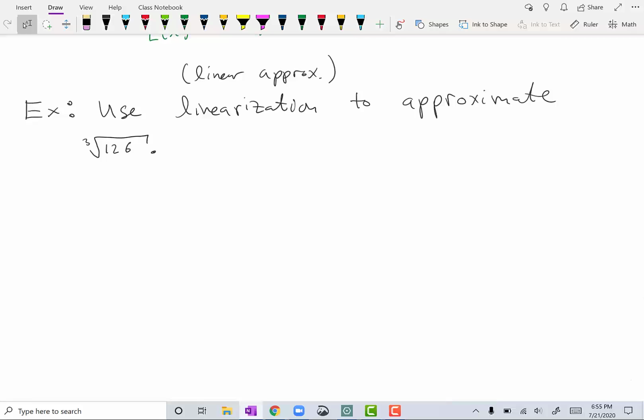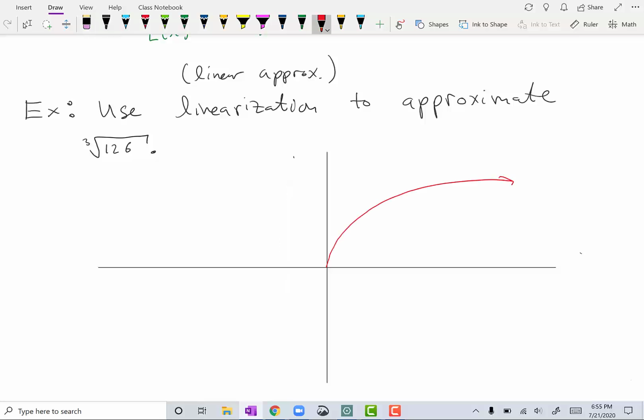Well, let's remember the cube root function looks something like this. It's kind of similar to square root, but it has a left side as well, and it grows a little slower. So this is x to the 1/3 power, also known as cube root of x. And somewhere in here there's a 125, which is close to 126.